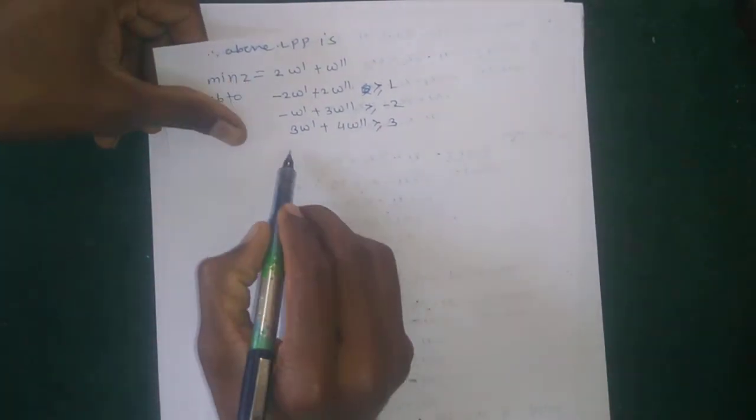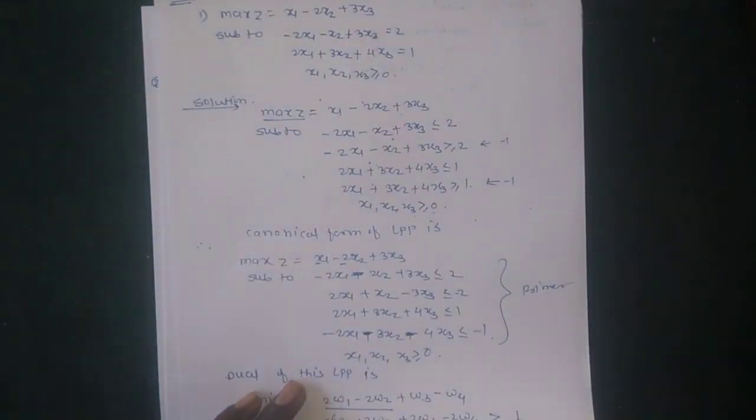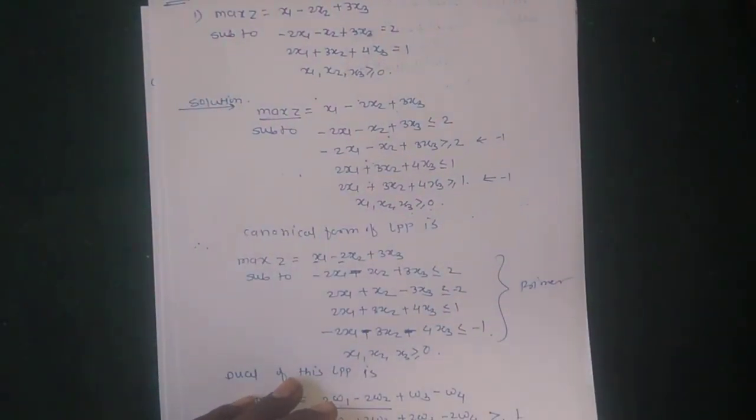Where w dash and w double dash are unrestricted. What is the definition of unrestricted?